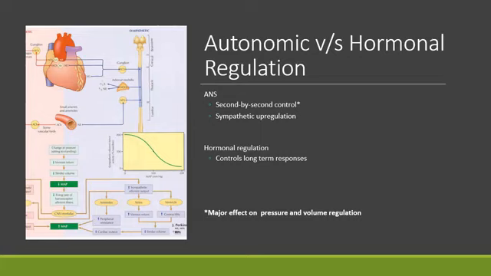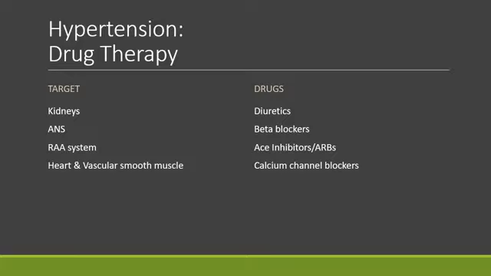So the major effect that we see in terms of these 2 systems is that they help regulate and control pressure and volume. And so it makes sense that those are the 2 main targets when you look at managing hypertension. So if we look at drug therapies, we can see a variety of different classes. Here we can see the different drug classes on the right and the targets on the left that they correspond to. So obviously the kidneys and the autonomic nervous system, the renin-angiotensin-aldosterone system, those are all targets. So we can use our diuretics for our kidneys to help regulate the volume of the system.